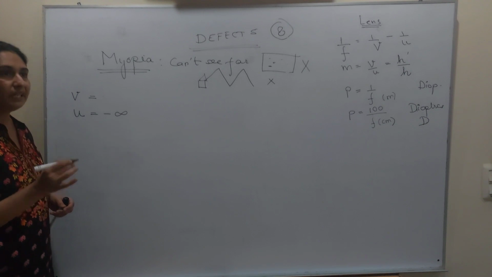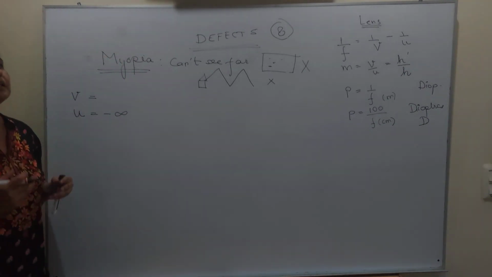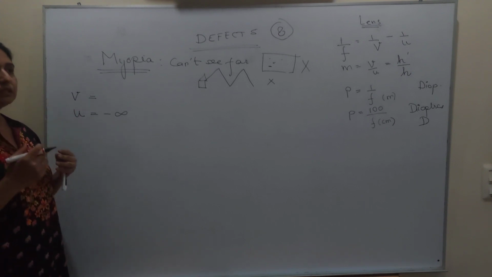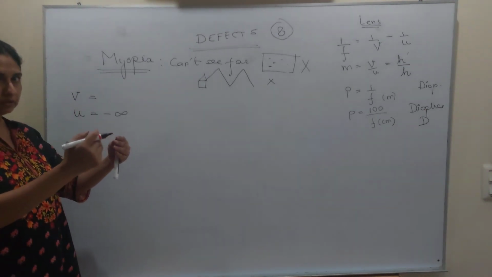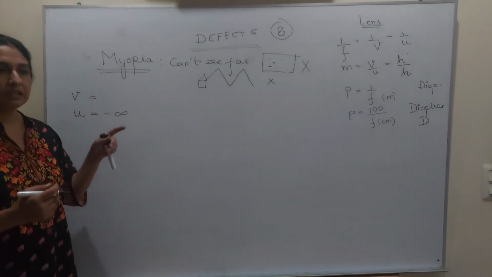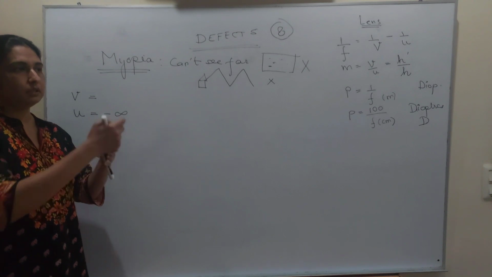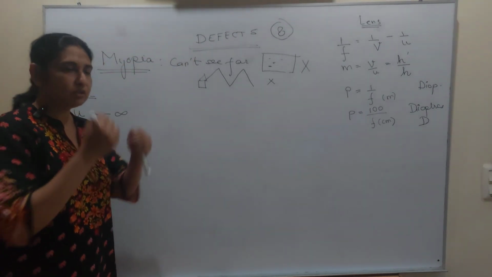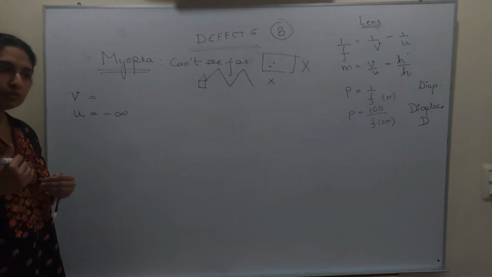What is v? We are discussing myopia where we are trying to calculate the power of the lens. When we have myopia, we have to go close to the blackboard. Then we are able to see. So v is nothing but how close to the blackboard we have to come. The blackboard is there, but I'll have to shift to the first bench or to the second bench to see the blackboard.